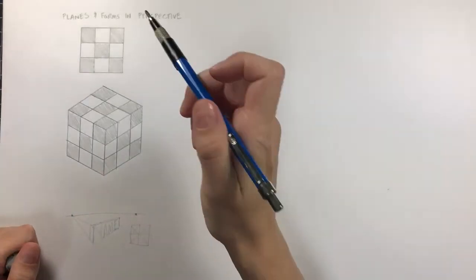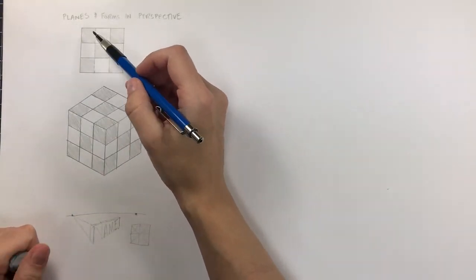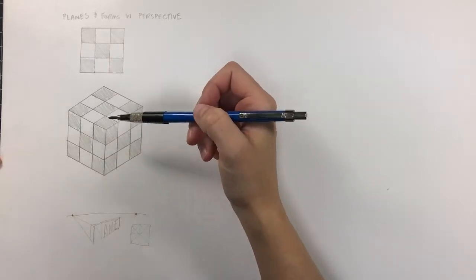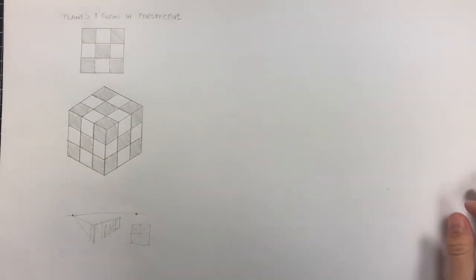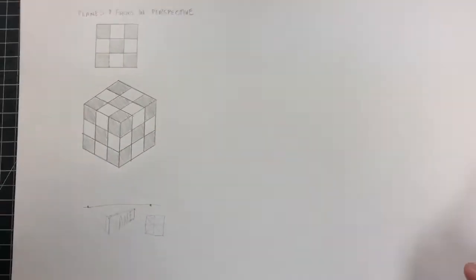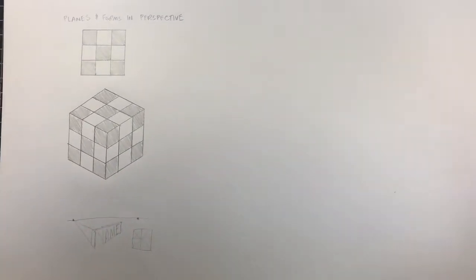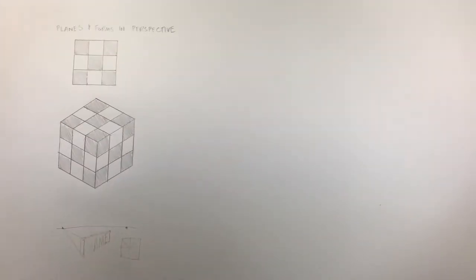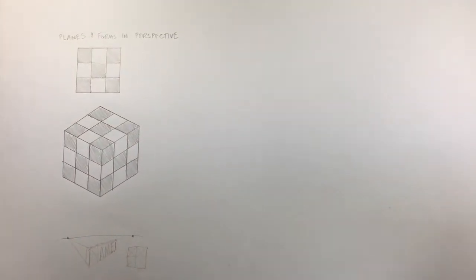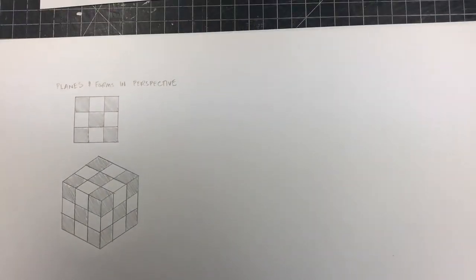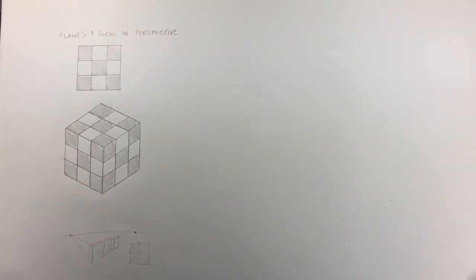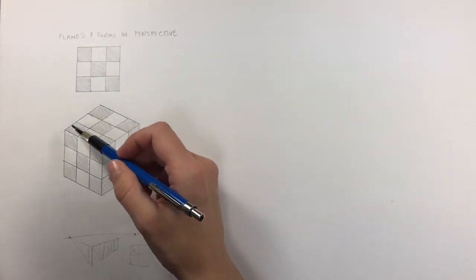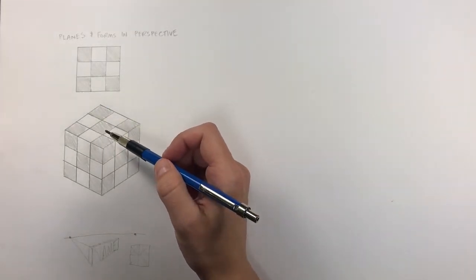So for my example here, I have this cube. Basically a Rubik's Cube is what I've drawn here. So basically, what I have for you here is a cube.